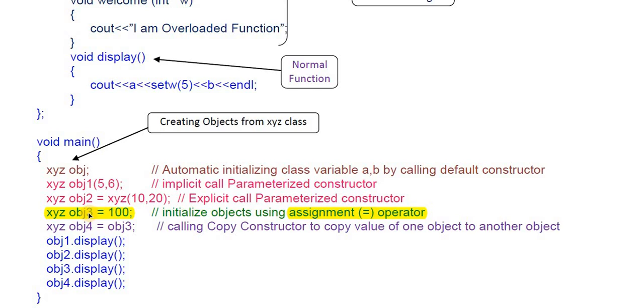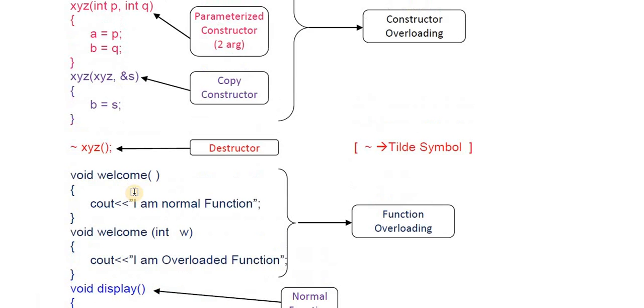So this method is called initialization using assignment operator. I have written like this: class name, object name, equal to value. By writing like this, which constructor will it call?